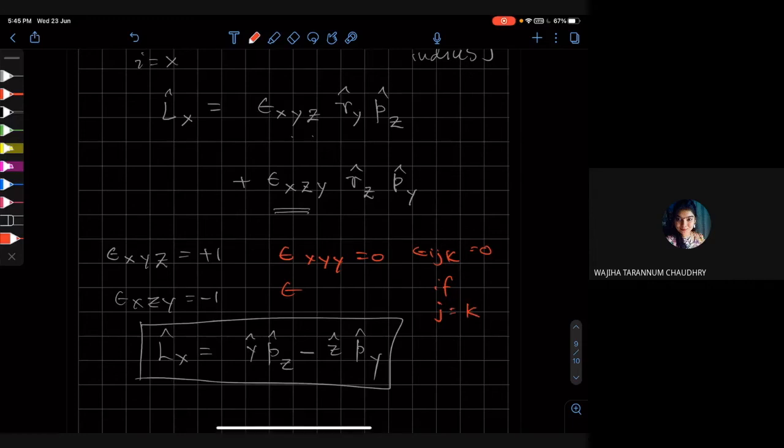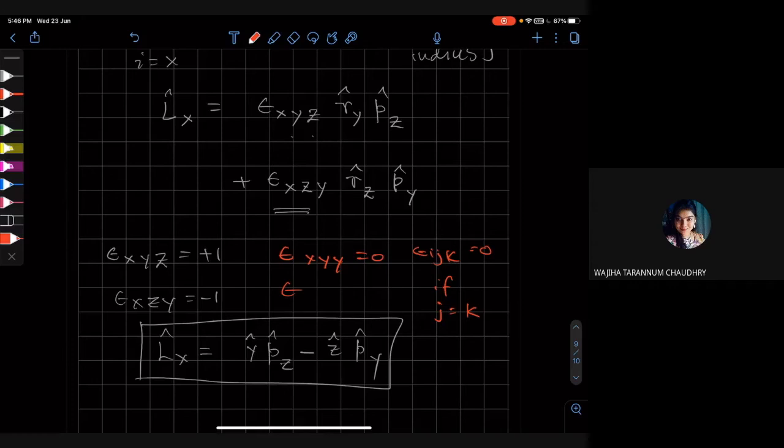That is a property of the Levi-Civita symbol. The Levi-Civita symbol is what you use when you're taking cross products. You know that, right? Yes, sir. Okay, look into that, think about it, do some examples, try it, and then if you have questions, please let me know, okay?